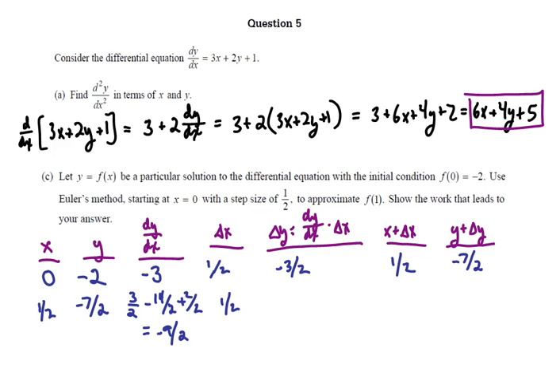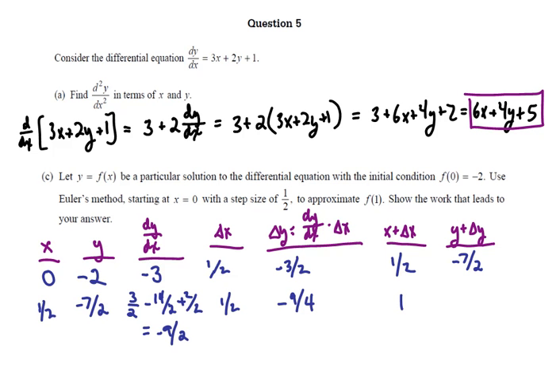And we have a delta x of 1/2, so that gives me a delta y of negative 9/2. So now I'm going to add my x and my delta x. That brings me up to 1. Sorry, once again another mistake. The delta y should now be negative 9/2 times 1/2, which is negative 9/4.